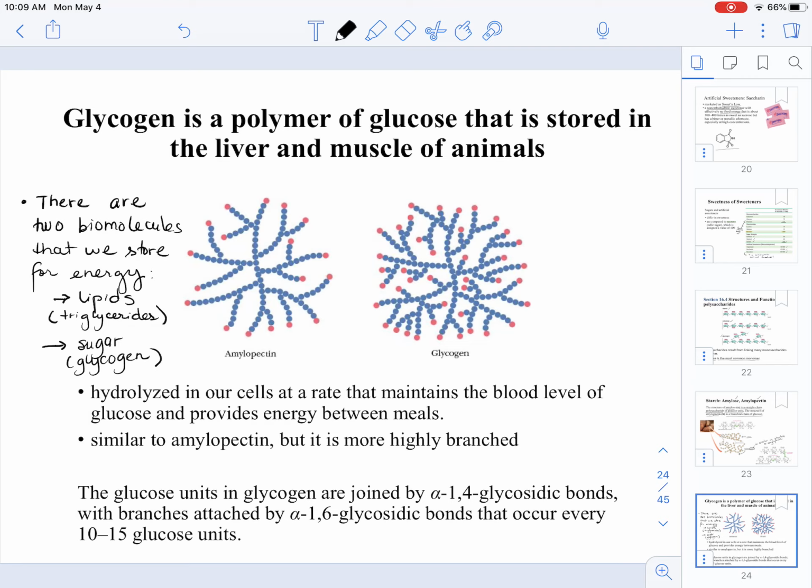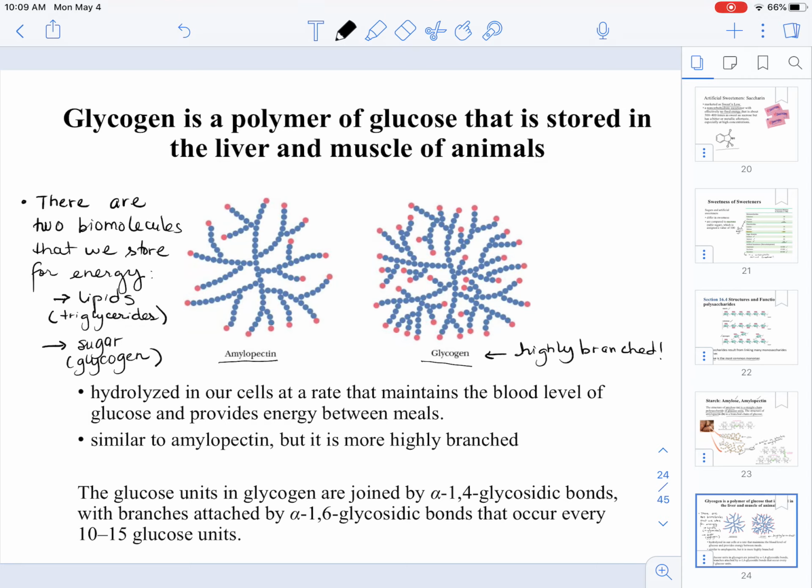Now, as you can see, if we compare the structures of amylopectin and glycogen, they're similar to one another because we are having polymers of glucose that are branched. It's just that glycogen is going to be highly branched. Glycogen is hydrolyzed in our cells to maintain blood glucose levels and to provide energy in between meals.